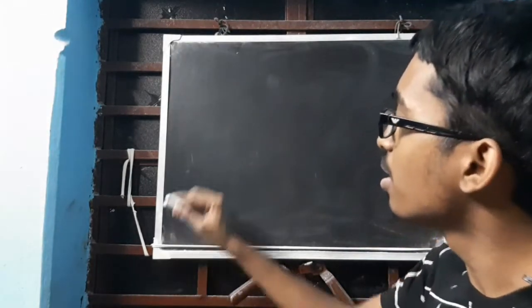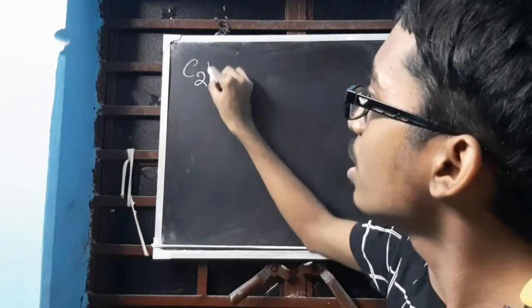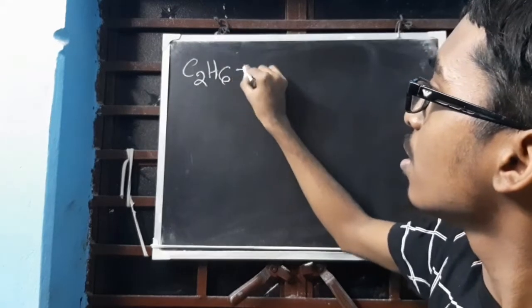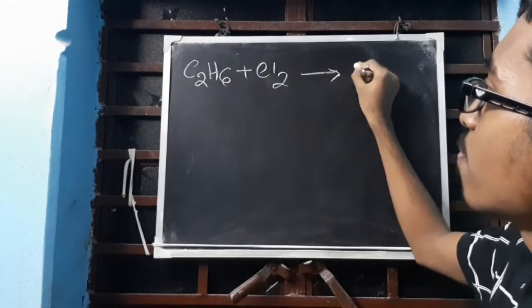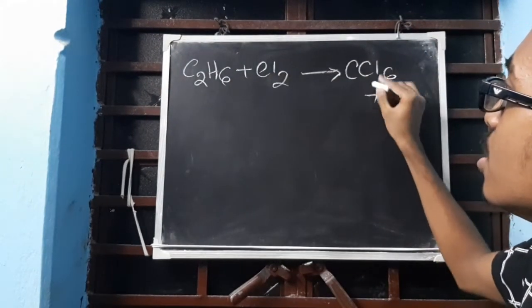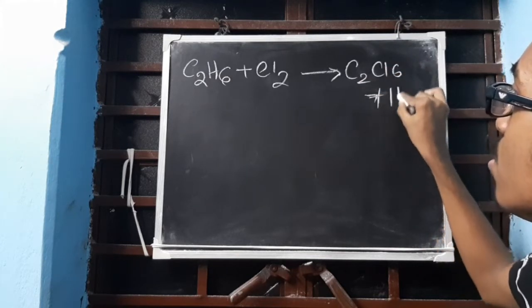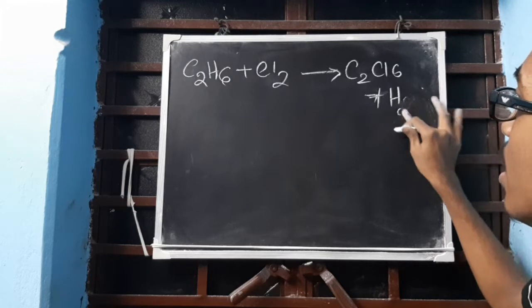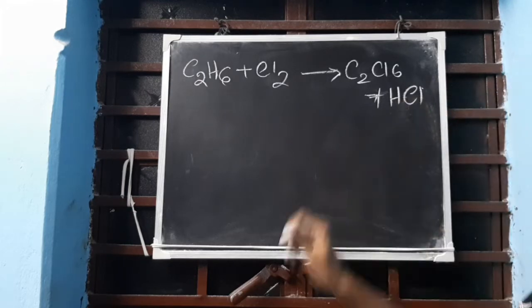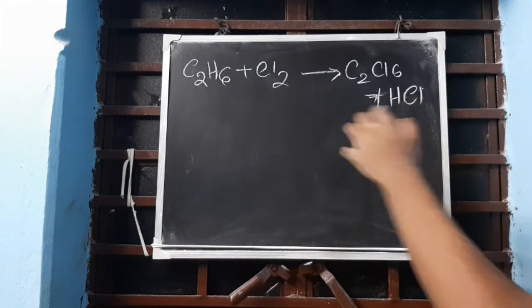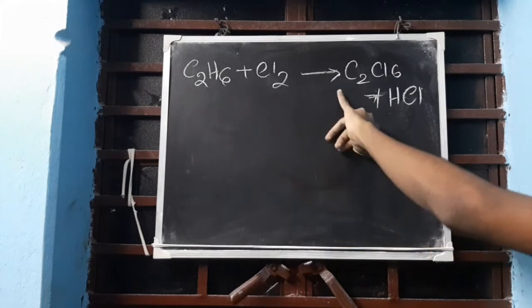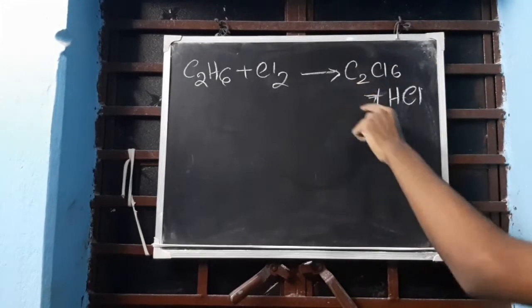So now see, suppose there is C2H6 and I add Cl2 to it. The final product I will get is C2Cl6 plus HCl.